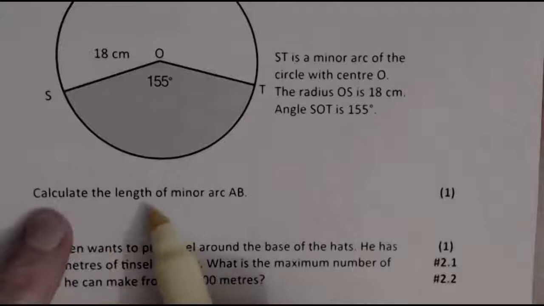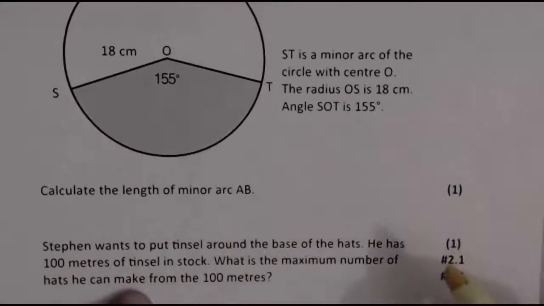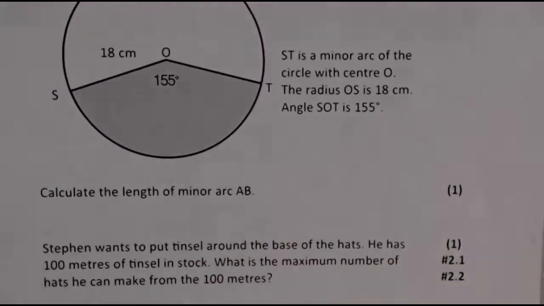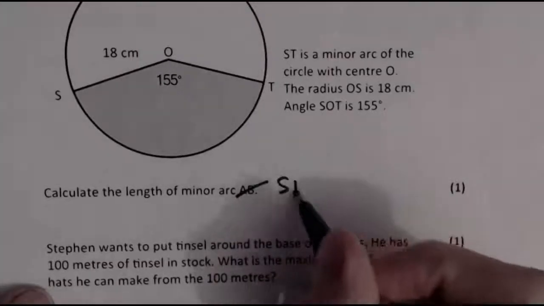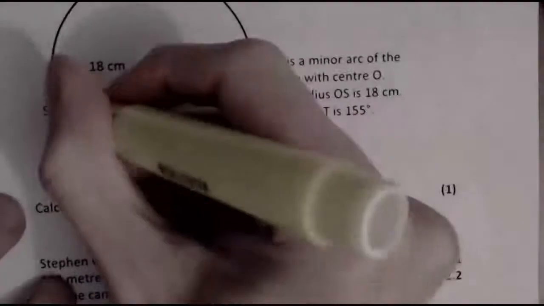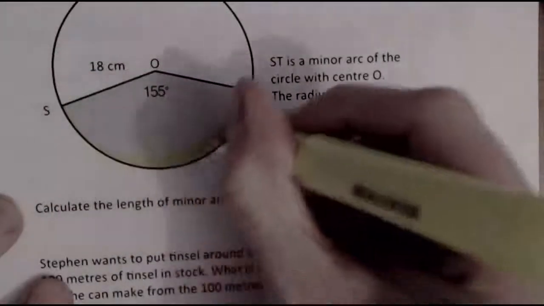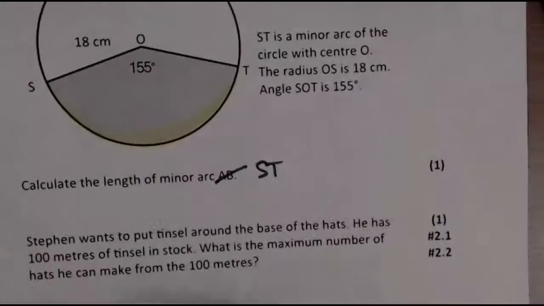Calculate the length of minor arc AB, which isn't actually mentioned anywhere. I think that should say ST, because that's your minor arc there. So that's your minor arc.